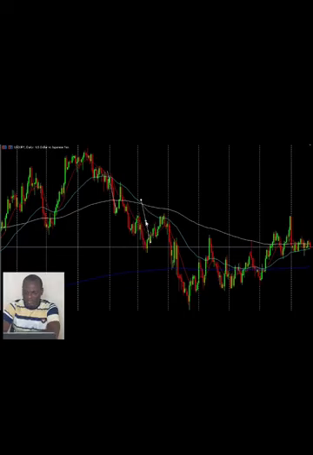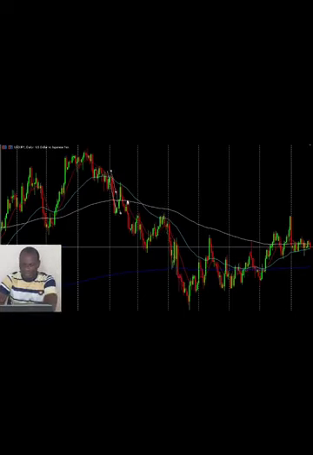Now for level 2, same thing. The market crossed over, beautiful. Now you just simply need to wait for the market to pull back to the EMAs, and then you take your sell. Guys, this is as simple as it can get, okay? So it gave us the level 1 drop, it gave us the level 2 drop, okay, and then also it gave us the level 3 drop.